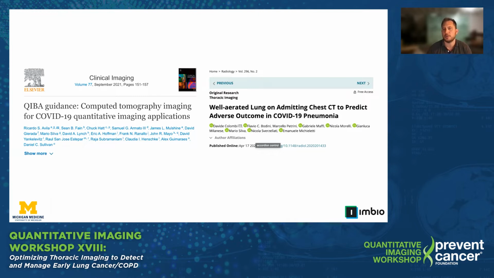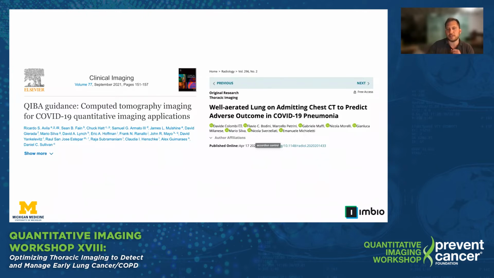It was also known that COVID patients often had severe airspace disease and alterations in pulmonary vasculature, but it was not yet clear the best way to measure the extent and severity of disease, nor how well the biomarkers predicted outcomes. The recommendations in this document were for the most part based on the deep experience of the QIBA committee members in quantitative imaging of lung cancer and COPD.